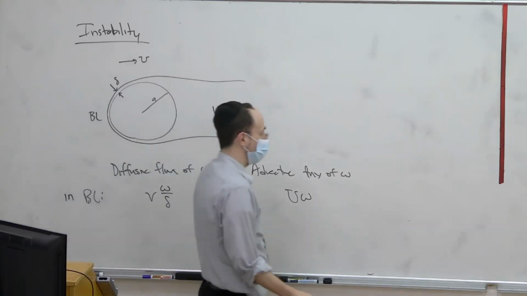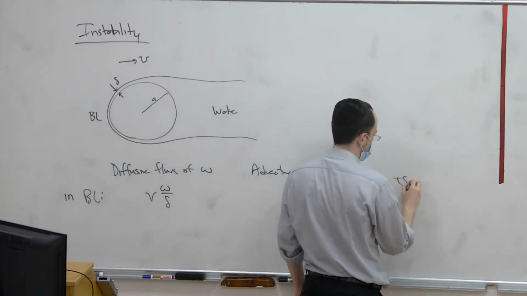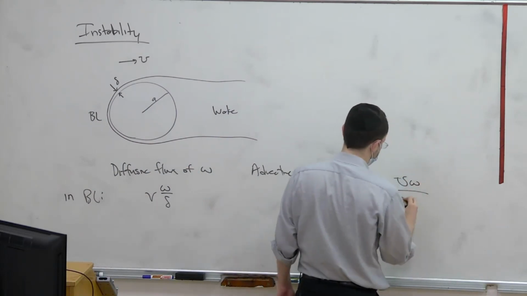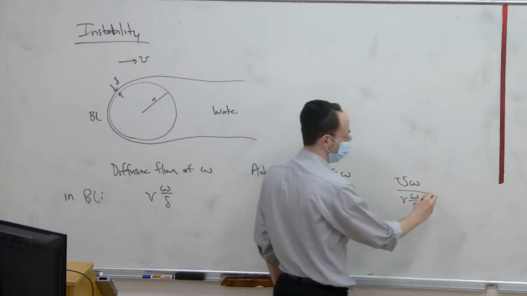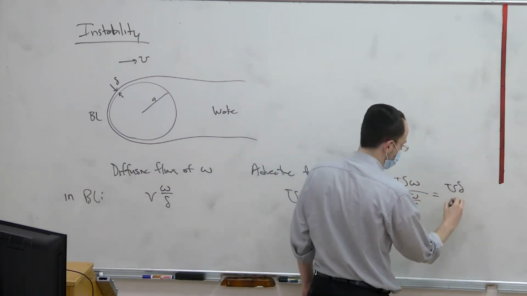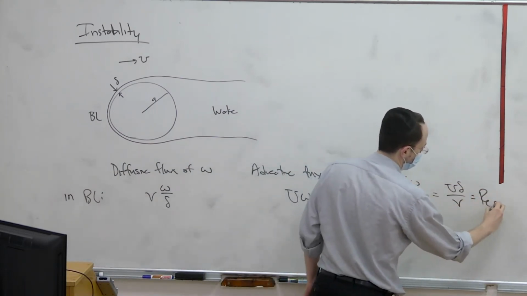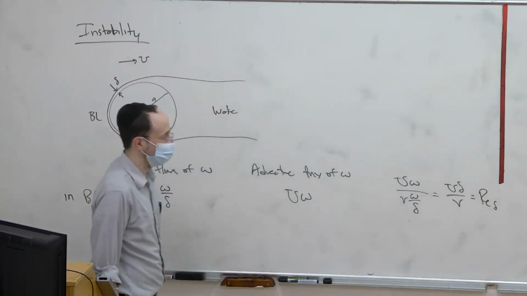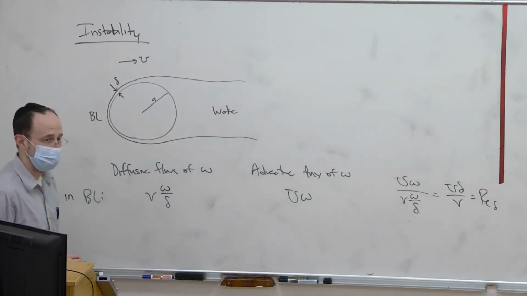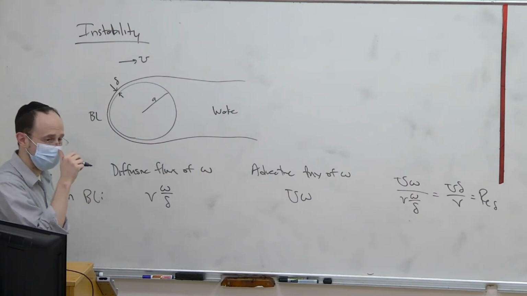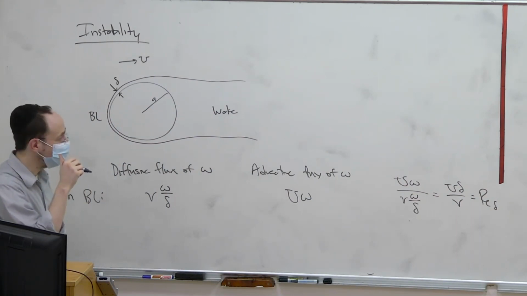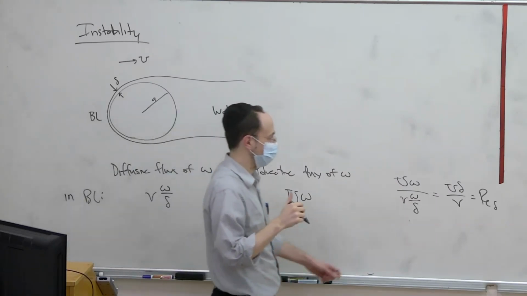Therefore, the ratio of our advective flux to our diffusive flux is equal to U delta over nu, which is Re_delta, the Reynolds number. When we talked about the Blasius solution, we already did this. We found this ratio. Everything's always the Reynolds number, right?